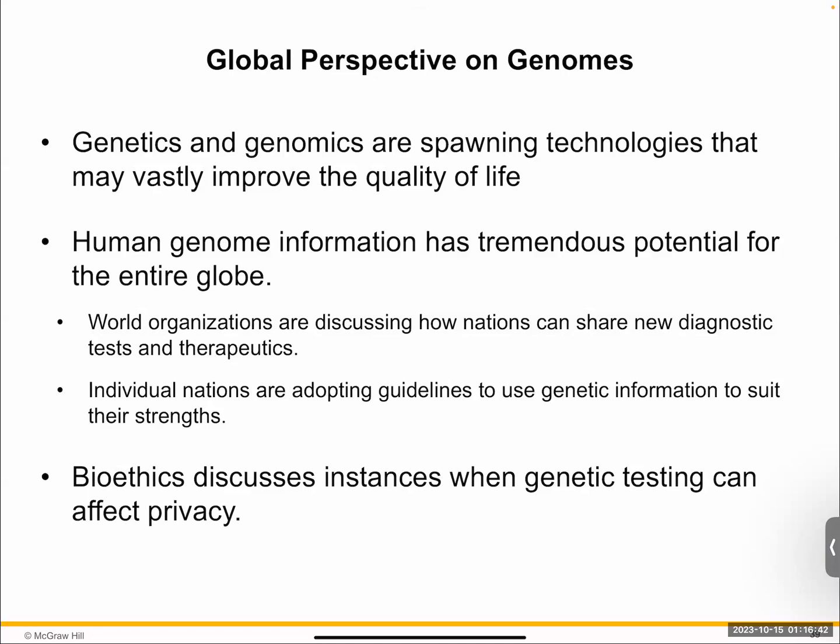As time passes by and as we get better at familiarizing ourselves with the genetics and the science behind it, every nation will develop their own guidelines of how that genetic information is being used, spread, and what they can actually utilize, keeping in mind the bioethics components. So bioethics, again, is going to be a really, really big discussion and may vary from country to country based on their culture, beliefs, religions, etc.